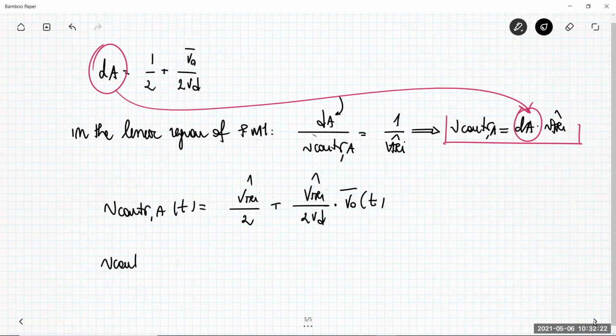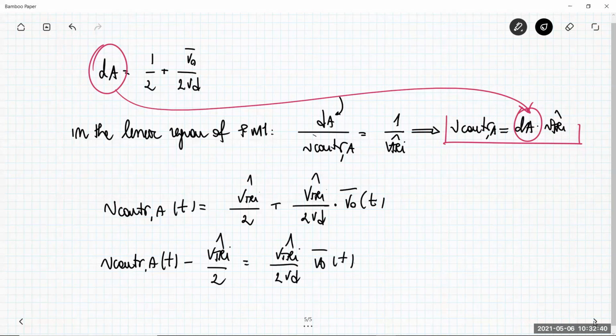Now let me put V control A minus V triangular peak divided by 2 here, and then we have just this expression. Basically I just rewrite the previous equation in this way, because now look at this part.